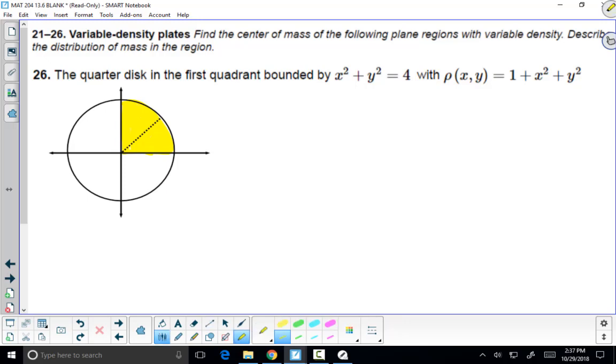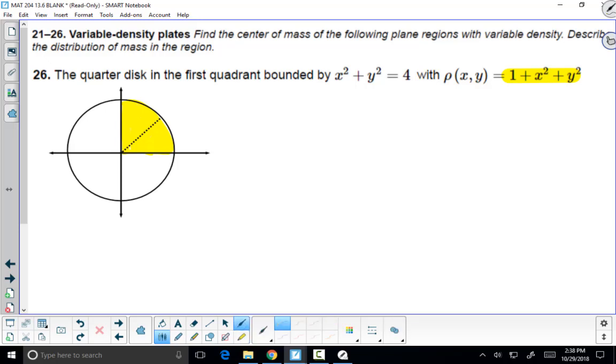We need to look up here and decide, is that symmetric about this line also? And the answer is yes. If you come out here and you go over to there, the density there is going to match the density there, because we have x squared plus y squared. So the density is going to be evenly distributed on either side of that dashed line. So we can assume that the center of mass is going to be right on that line. So that'll save us a third of the work.